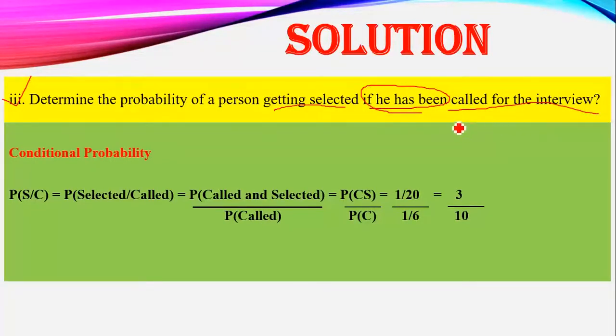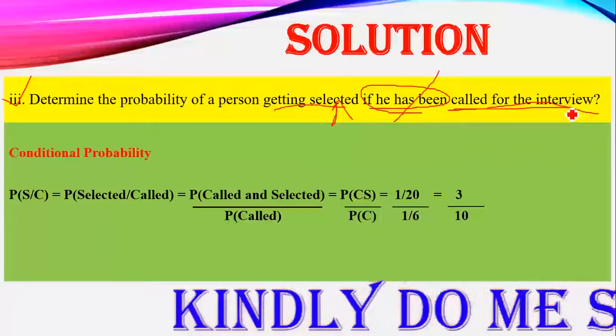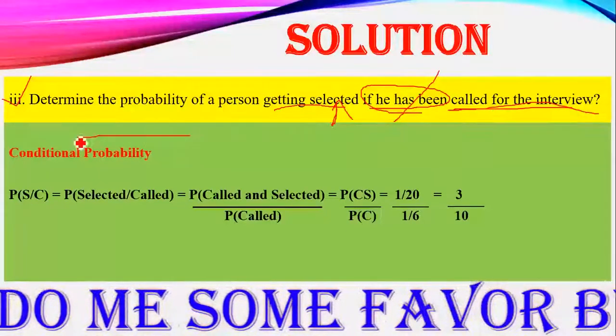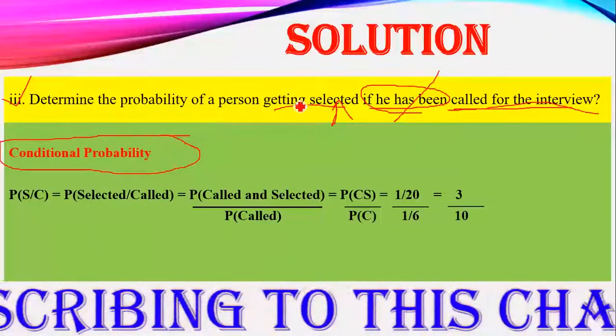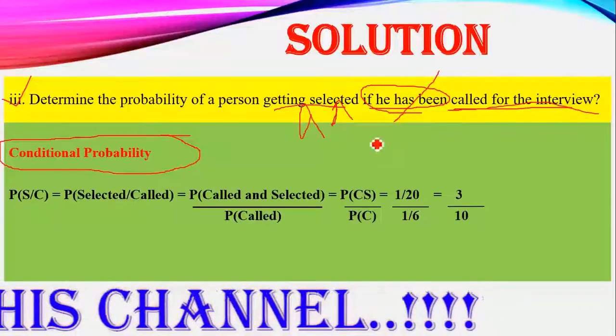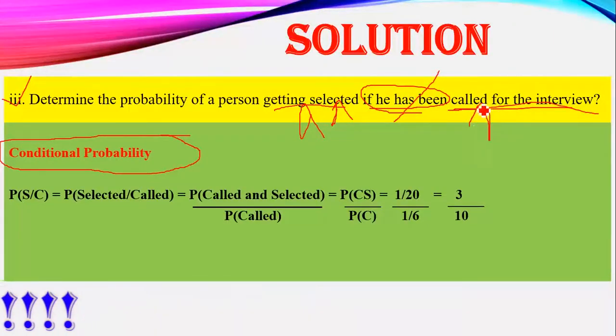So if you look at that, there is a condition: what is the probability of you getting selected given that you have been called for the interview? And therefore, here you have to apply conditional probability, because getting selected is dependent on being called for an interview.